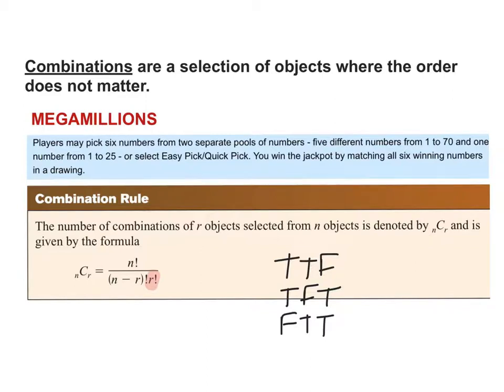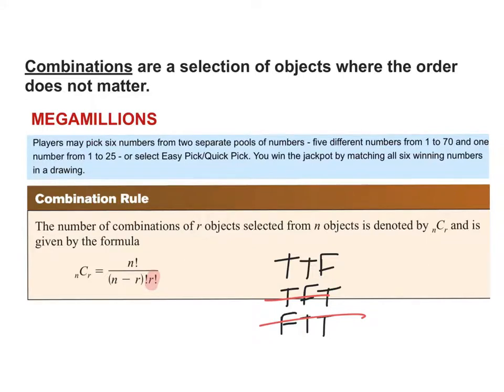In a combination where order doesn't matter, those would be duplicates. There's only one way, when the order doesn't matter, for a 3-question test to have 1 false. So in a combination we'd throw 2 of those out, because it still only has 1 false. That's what the r factorial does. It throws all those other ones out. That's what the combination formula does.